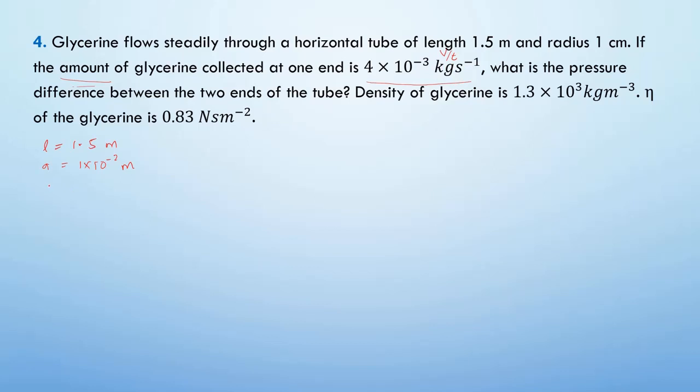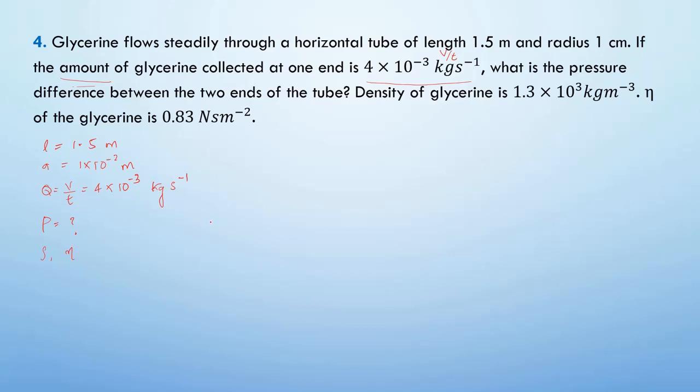So what is given here is Q, the rate of flow, that is volume by T, given as 4 into 10 to the power negative 3. What we need to find is the pressure difference. We have density rho given, and also eta of the glycerin is given.